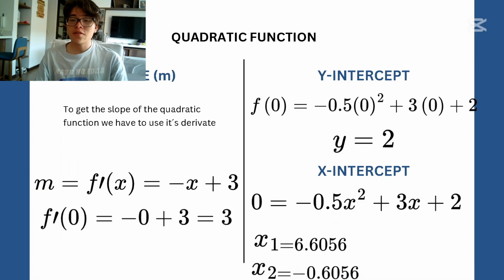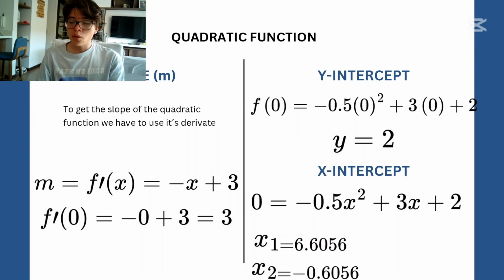So we have also the slope. We have here a huge difference between the quadratic function and the linear function. Why? Because while in the linear function we get a constant slope, in the quadratic function we have to get the derivative of our function, and to get the slope at a specific point we have to replace x by that point.